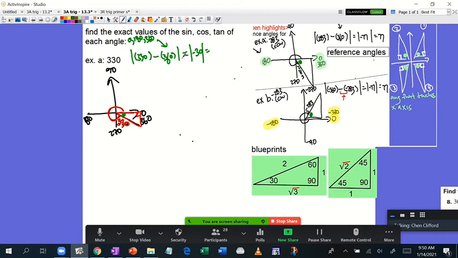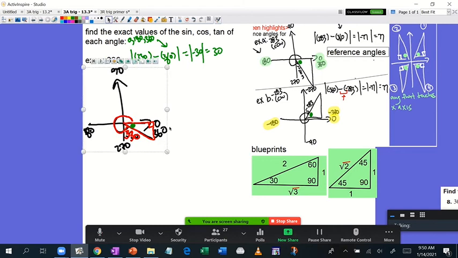Then 330 minus 360 is negative 30, and this becomes positive 30. Let's see if I can squeeze it inside the triangle.